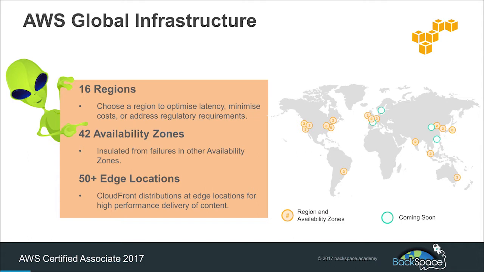So what that means is that you are going to get really high performance delivery of your content through to your end user. It's also going to save you server costs because that content that is regularly accessed and doesn't change that much will be delivered immediately to your end user and won't even go anywhere near your servers unless that changes. So the CloudFront caching of data is a very important, very useful feature of AWS as well.